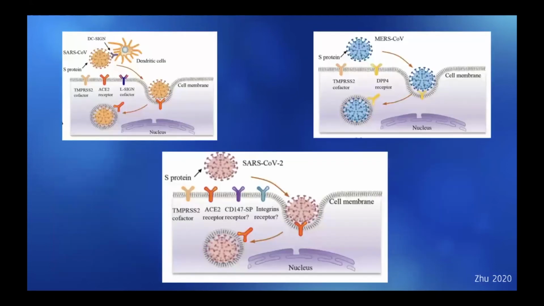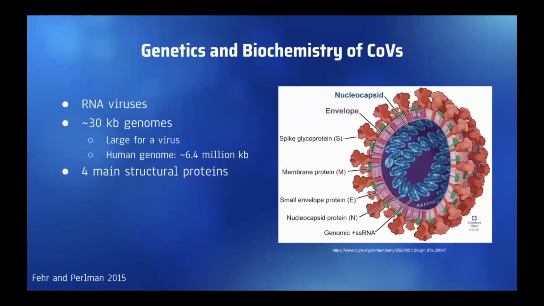Here we can see some variations in the mechanisms used to gain entry to the cell and the different receptors. Both SARS-CoV and SARS-CoV-2 use ACE2 as their receptor in combination with TMPRSS2 as their cofactor. However, MERS-CoV uses a different receptor and binds to dipeptidyl peptidase 4, or DPP4.